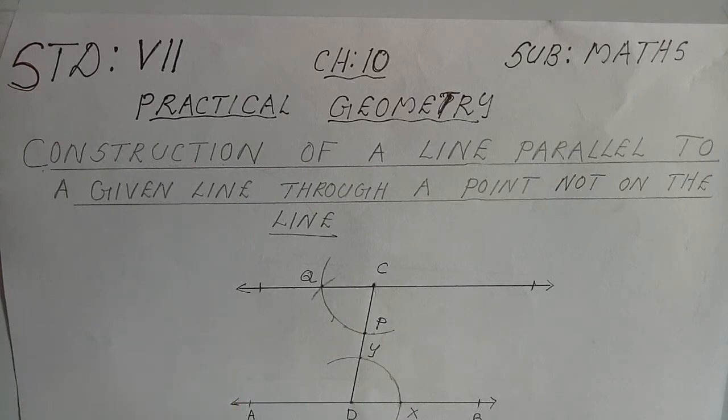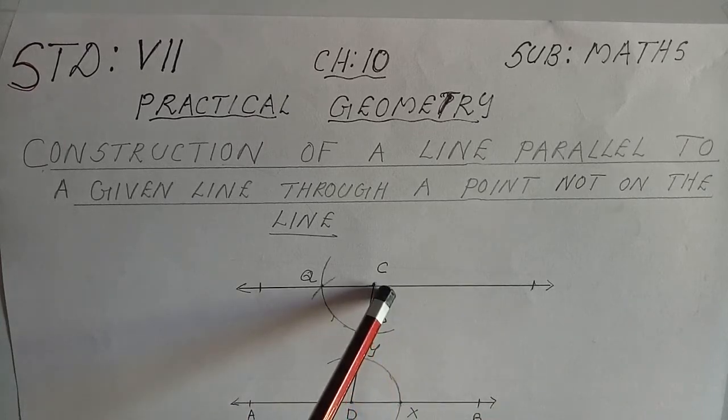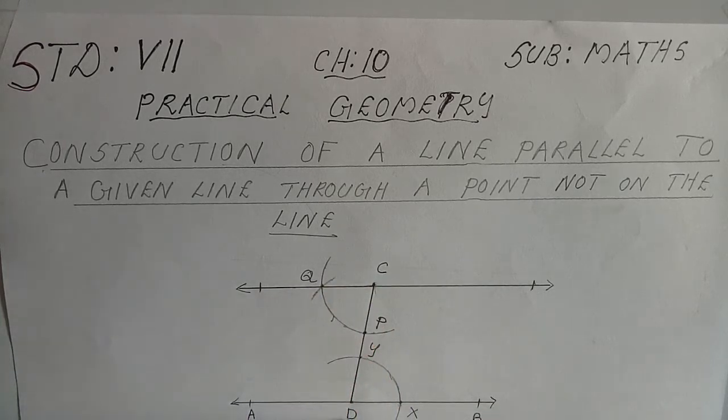So I hope it's clear to you. First, what we have done, drawn the line AB, then mark one point C outside the line. Then mark one point, let it be D on the line AB. Keep the compass at the point D and draw one arc of any radius, so that it cuts the line AB in one point.